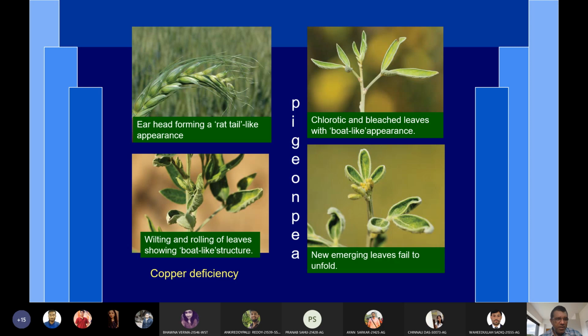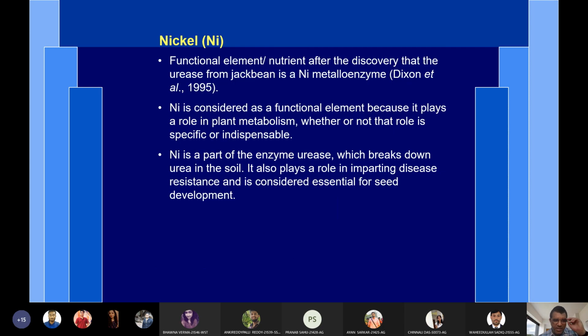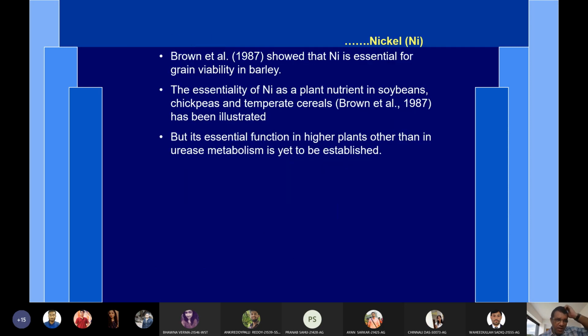You can see the copper deficiency symptoms. Today the content was very high, so I will finish in 2-3 minutes now. You can go through these deficiency symptoms in this presentation, and then nickel.